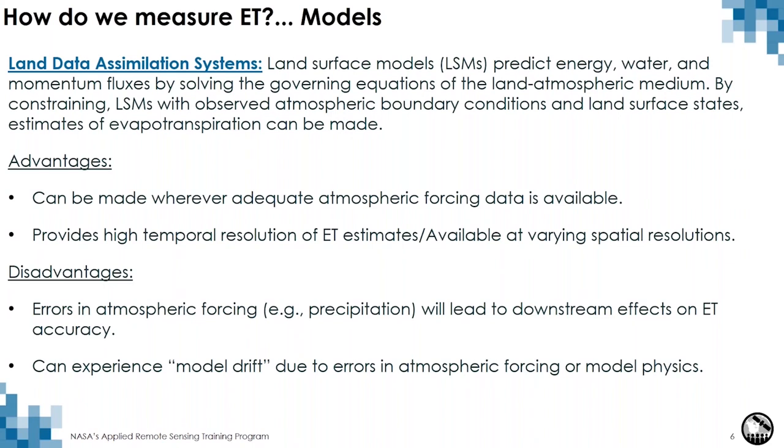Another advantage is that it provides complete temporal resolution and information of ET over the day. You can run the model and output what the model is estimating ET at any time of the day. So it gives you a full, complete temporal picture, and you're able to run these at varying spatial resolutions. Some models run all the way down to 500 meters or 1 kilometer. Some global ones are more on the 5 to 25 kilometer scale. So you have a lot of flexibility in what you want to model.